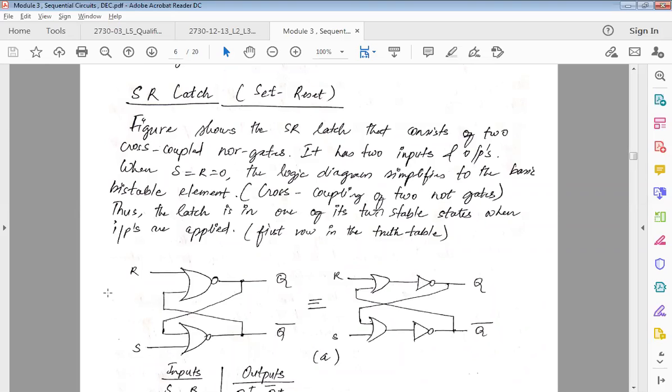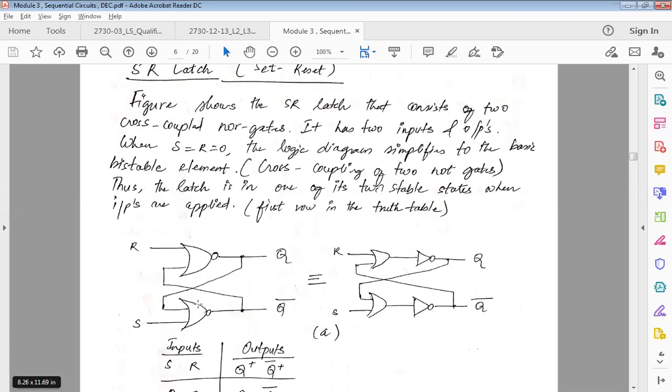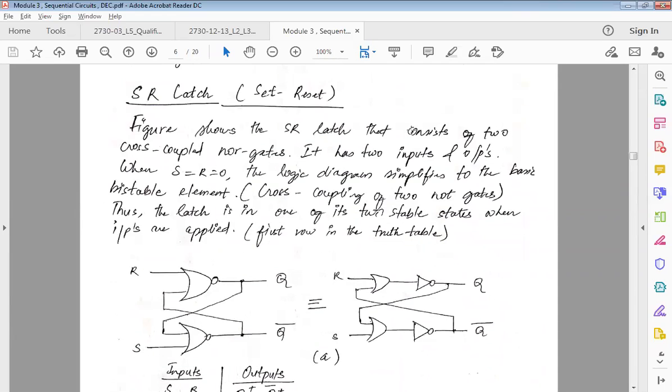In simple terms, you can refer to the first diagram here, and both of these diagrams are the same. The figure shows the SR latch that consists of two cross-coupled NOR gates. When I say cross-coupled, always make sure you understand that part of the output is the input to the next stage.